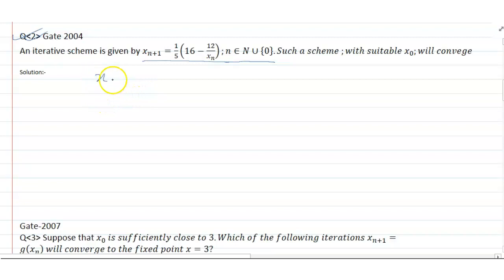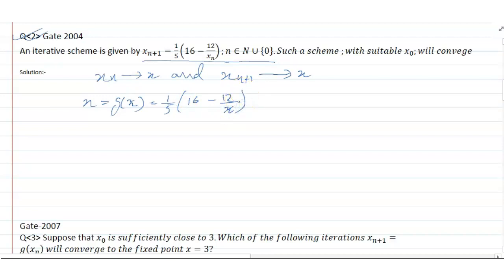So x_n tends to x and x_{n+1} tends to x, and x equals g(x), which equals 1 by 5 times (16 minus 12 by x). So friends, g(x), or you can also say f(x), anything.